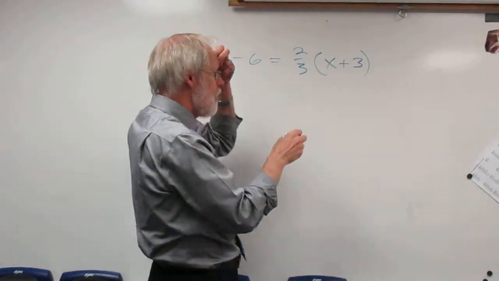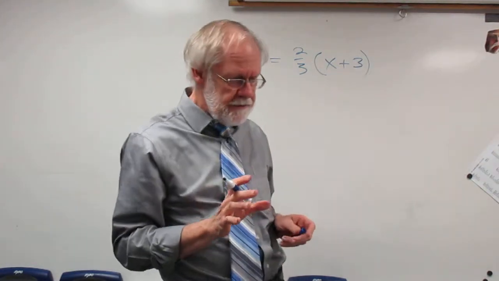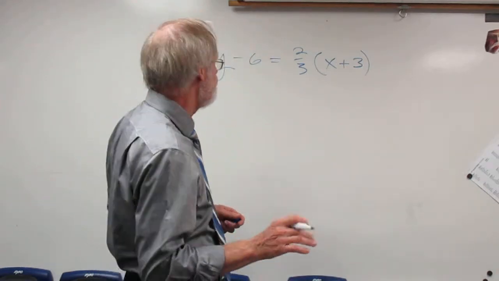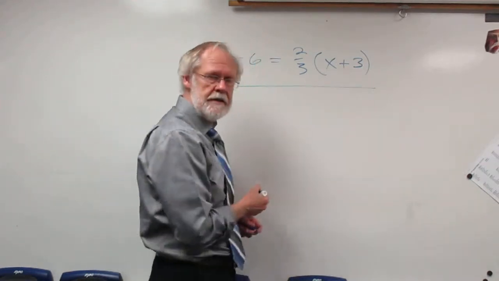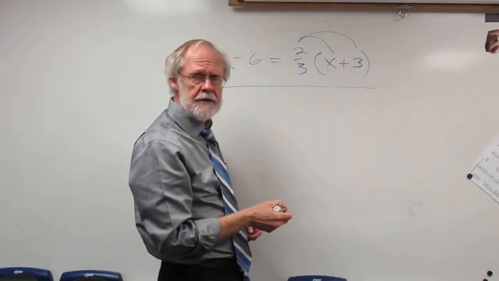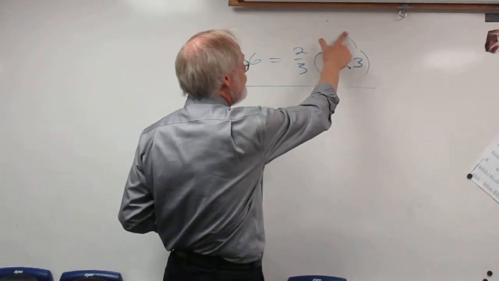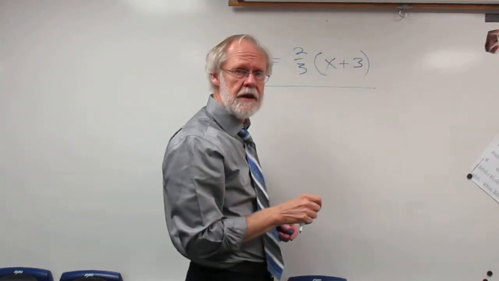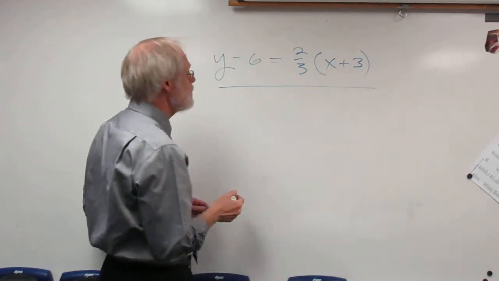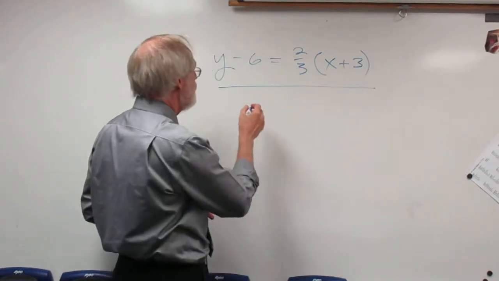The first thing, by the way, please make sure, if you are asked to write something in point-slope form, make sure it looks like this. You do not distribute the 2/3 to these two, and you do not simplify it, and you do not turn it into any other form. It should be written just like that if it's going to be in point-slope form.